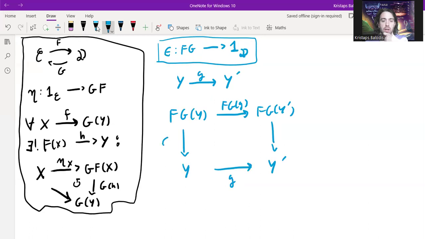So this would be my map determined by these things, right? And so this diagram commutes. So if I can show you this, well, that's me constructing the natural transformation epsilon.